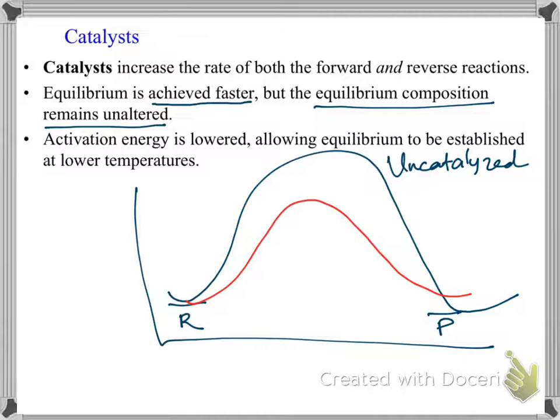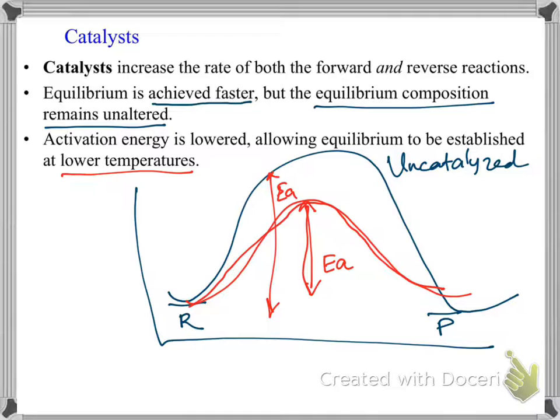So what is basically happening? You are just lowering the activation energy, and that's the way catalysts work. Catalysts lower the activation energy so that equilibrium can be achieved faster, even at lower temperatures.